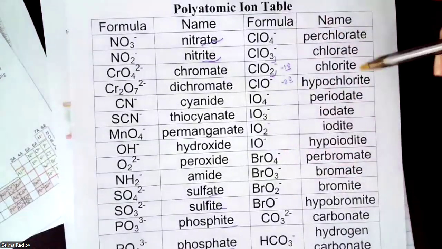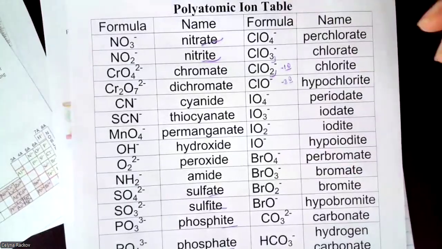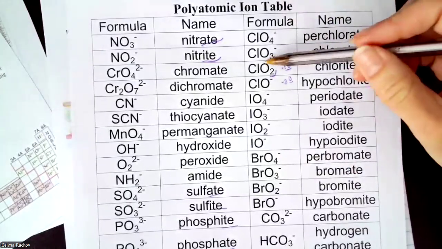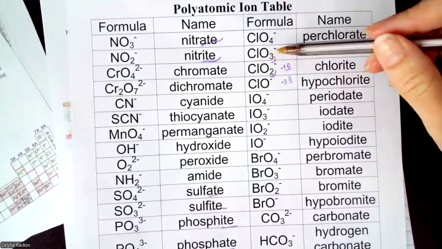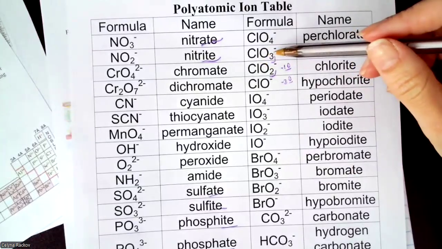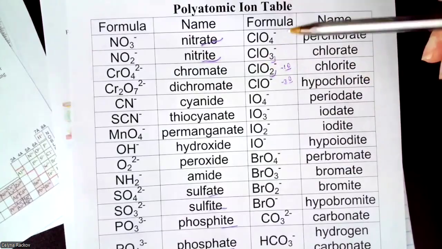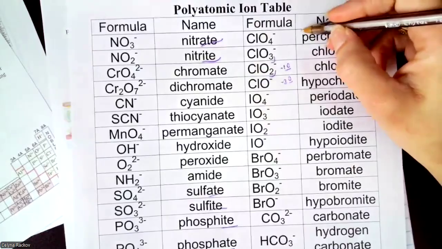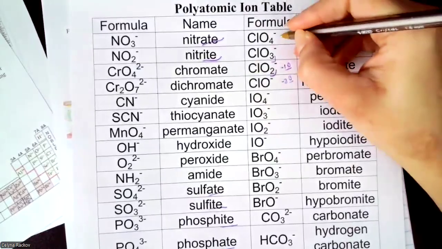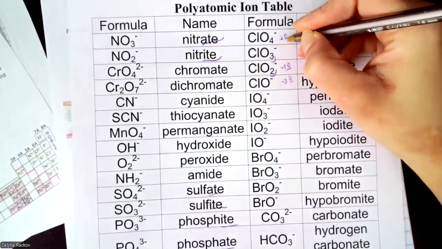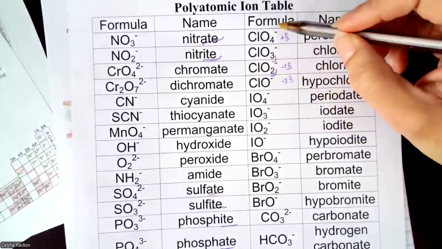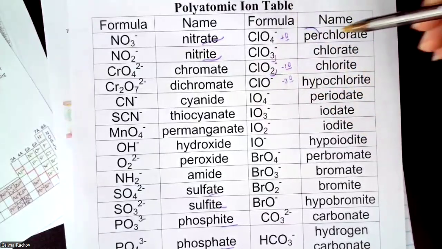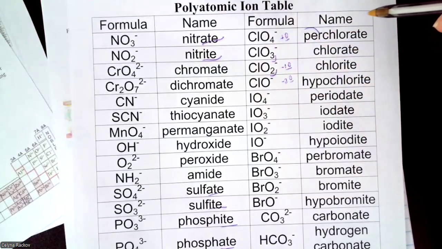Right? But if you add more oxygen, so chlorate is ClO3, 3 oxygens, right? If it gains one extra oxygen, we change from chlorate to perchlorate, right?